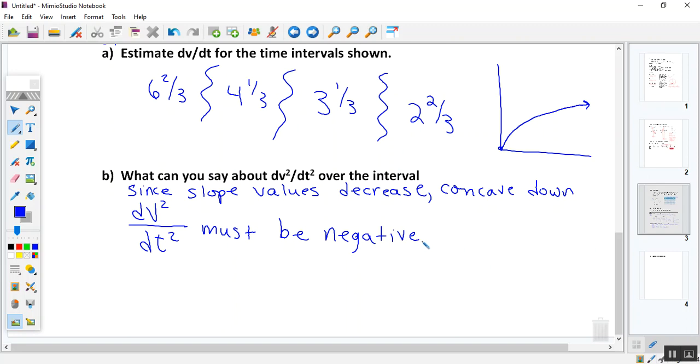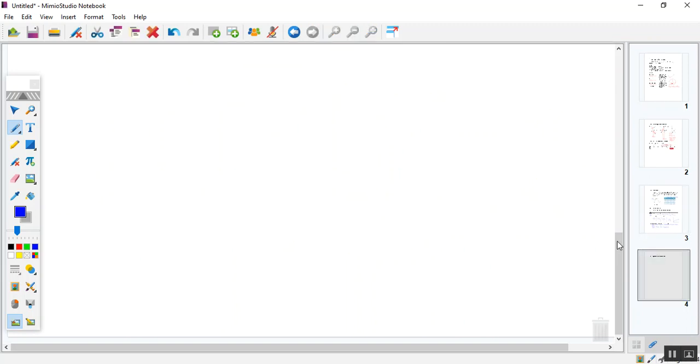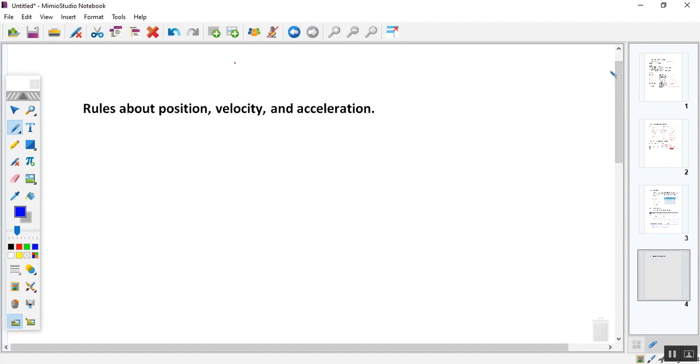Guys, last thing I want to show you about second derivatives and how they relate to position, velocity, and acceleration. This is a pretty cool one. You guys have what you need there? Good? Okay. Right here, last one. Rules about position, velocity, acceleration. Suppose f of x is some position function.